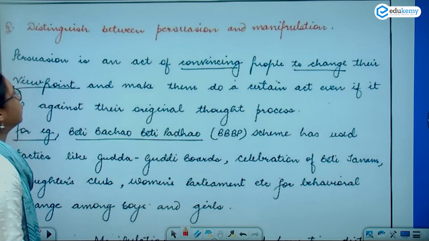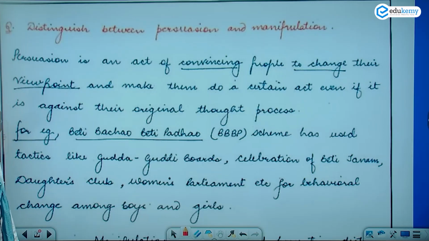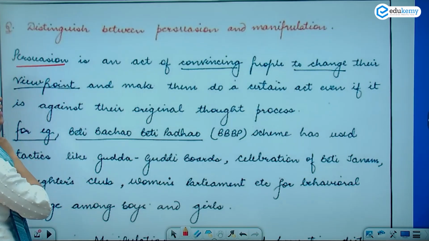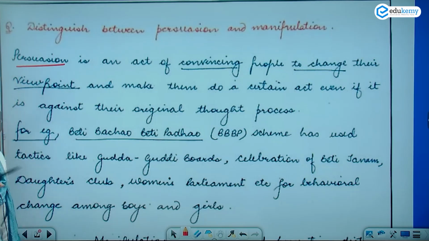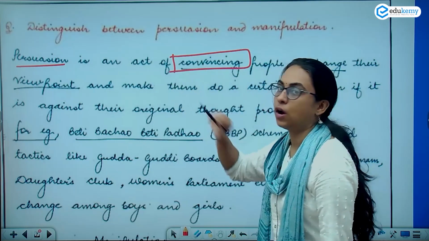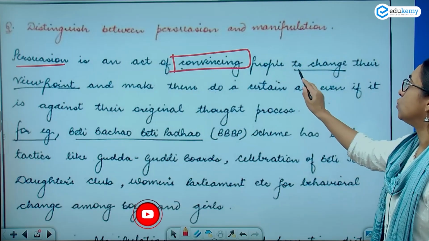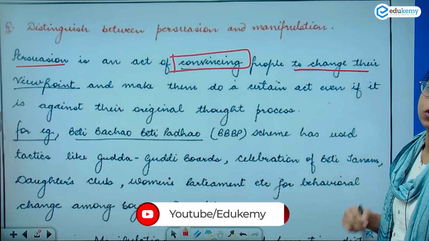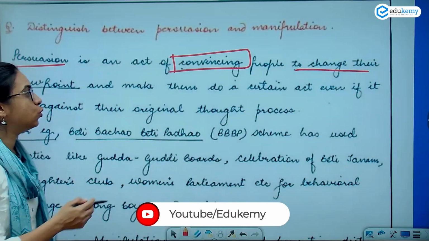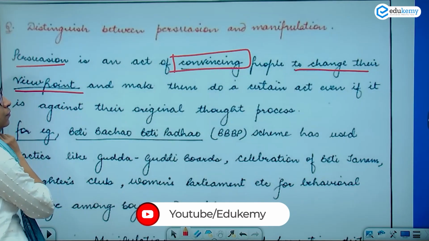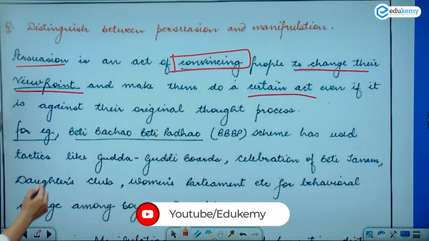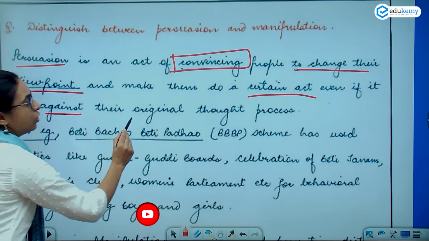So let's see the difference between persuasion and manipulation. Persuasion is an act of convincing people. You try to convince people to change their viewpoint. You want to change people's viewpoint and you want them to do a certain act, even if it is against their original thought process.